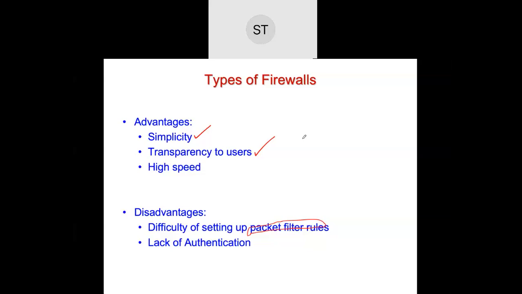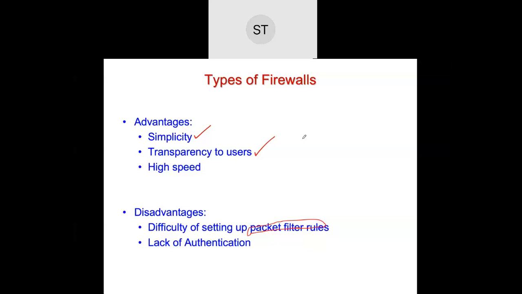As there are no overheads, speed can also be high, but when the number of users is very huge, that may be the bottleneck for the network. Okay, there are two major disadvantages. The first is difficulty in setting up the rules, because, as in the example I gave, if I block something unnecessary, an interesting and important site also gets blocked.